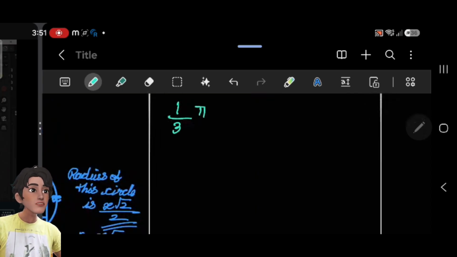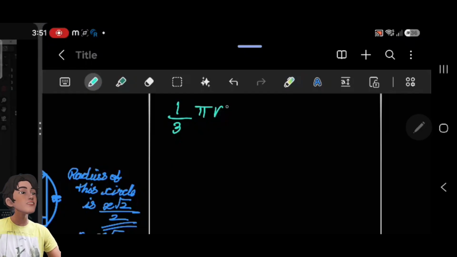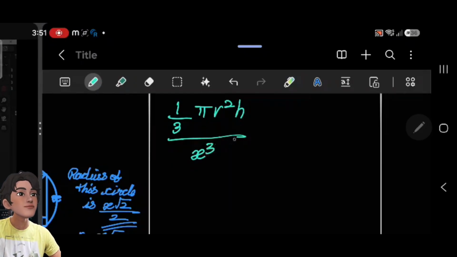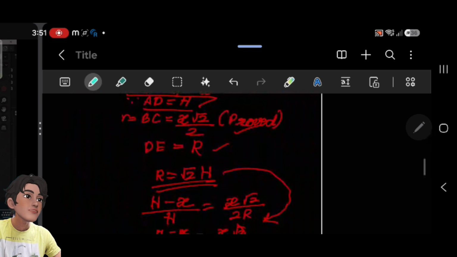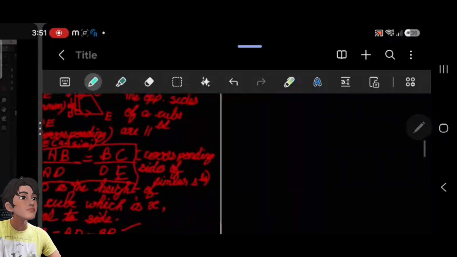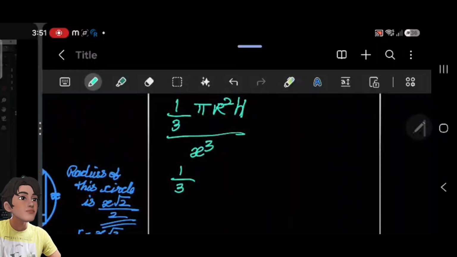Now just substituting the formulas, the volume of the cone is equal to 1 by 3 pi r square h, and the volume of the cube is nothing but x cube. Now the value of r which we took here, I'm just going to substitute the value of r in this equation.